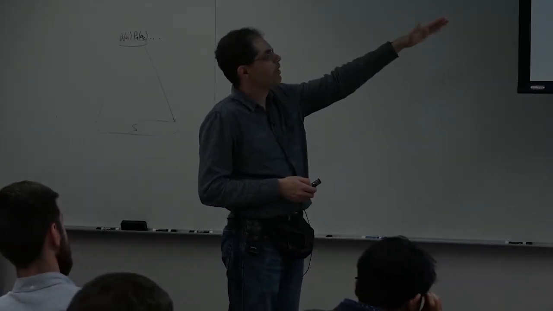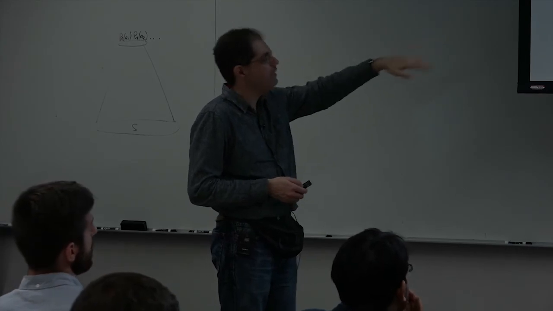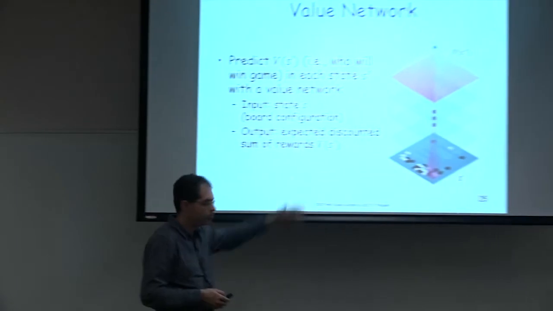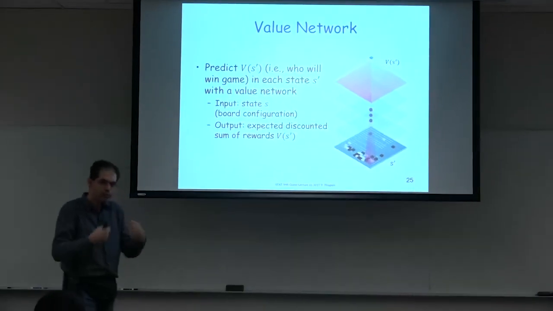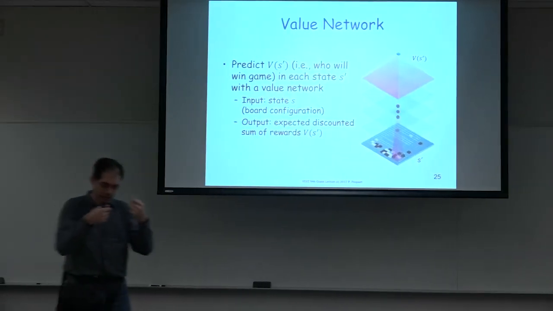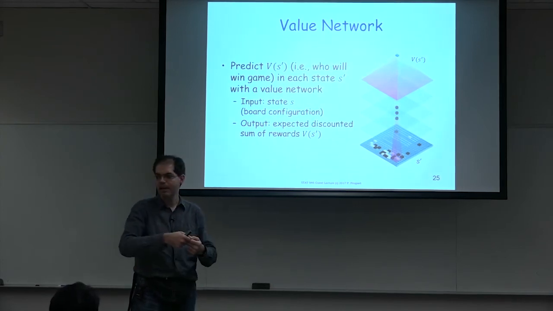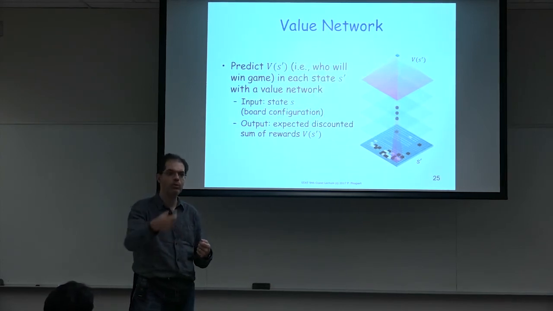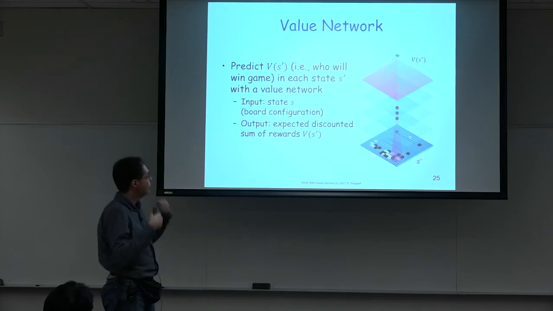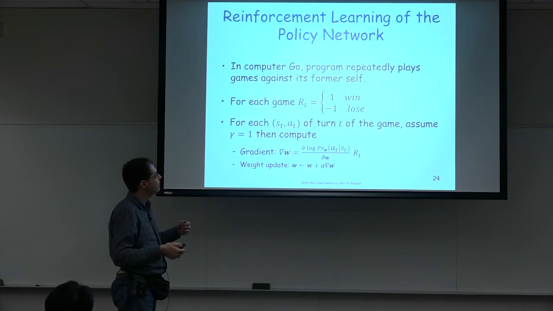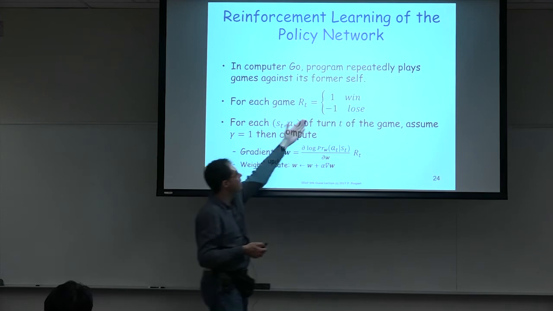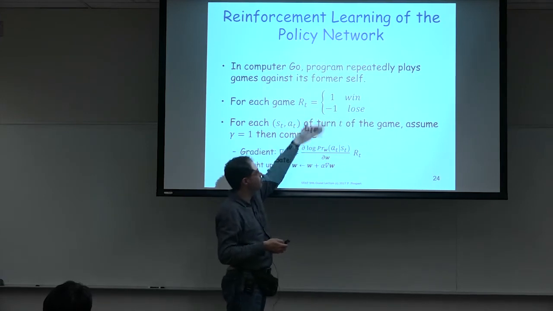Okay, so the next thing that they did is they also trained a value network, where the value network would essentially try to predict whether from a certain board configuration, when you apply a policy, that policy is going to win or lose. So you see the way we define the rewards is that there's a +1 for winning, -1 for losing.